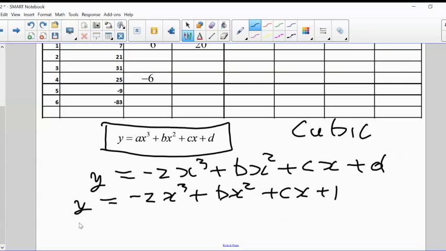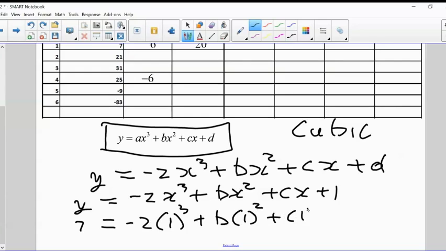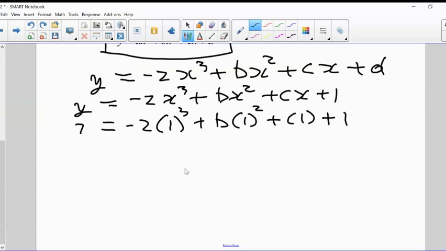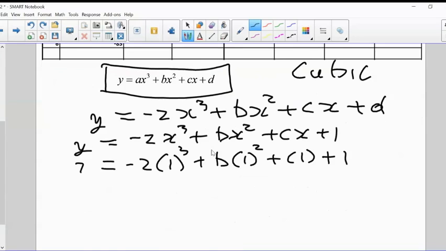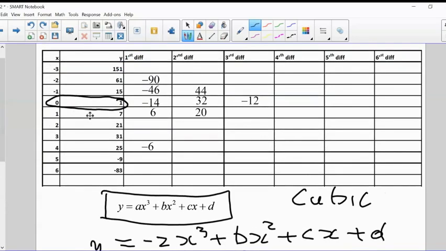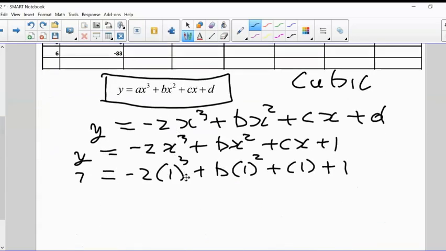So I'm going to put 7 is equal to minus 2 times 1 cubed plus b times 1 squared plus c times 1 plus 1. So really all I've done is I've said, okay, I know that 1 and 7 are matched in the table. 1 gives me 7. So why don't I put that into the equation?